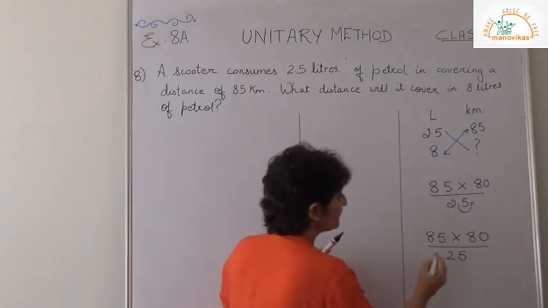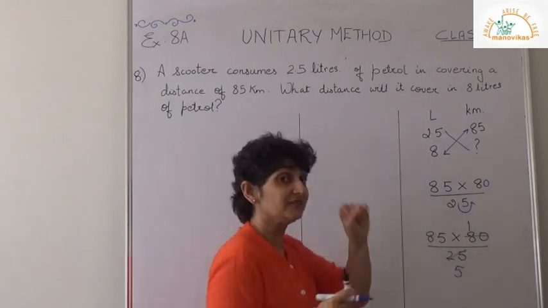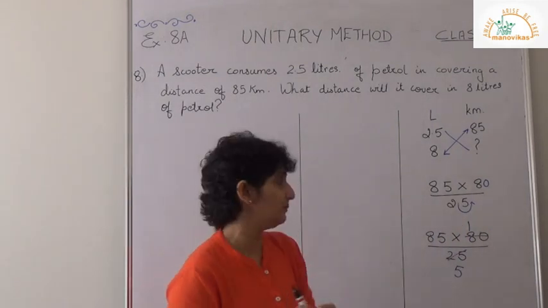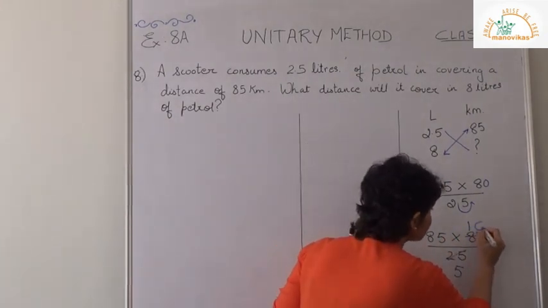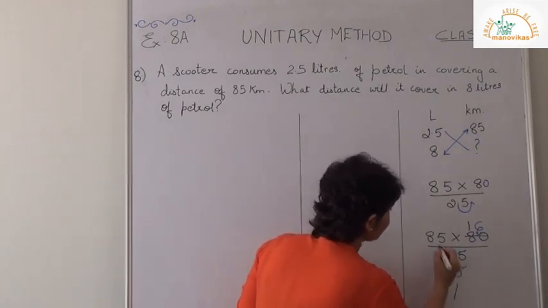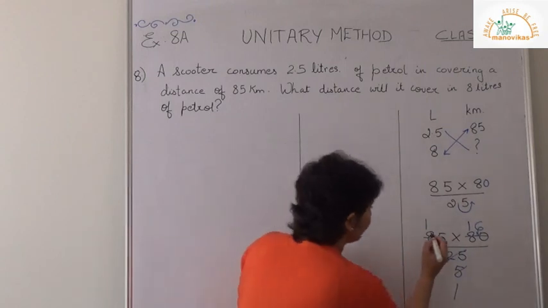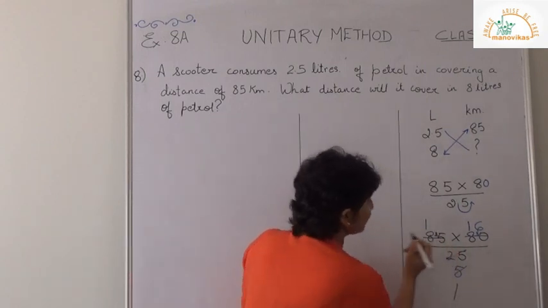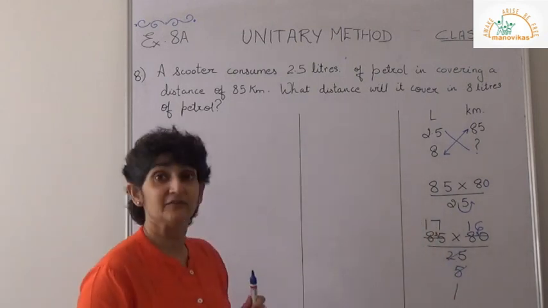Now let's reduce. 5 5s are 25. 5 ones are 5. 6, 7, 8. 3 here. Then 5 ones are 5, 6, 7, 8, 3 again. So 3 here means it gives you 35. 5 7s are 35.